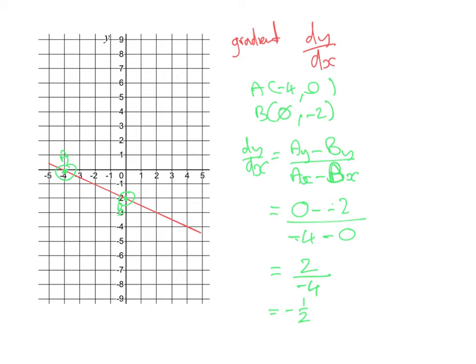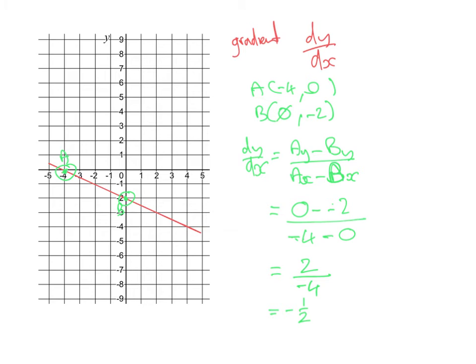So the gradient of this line is negative a half. And that gives us a very important point, which is that any line that slopes upwards diagonally is a positive gradient, and any line that slopes downwards diagonally from left to right is a negative gradient.